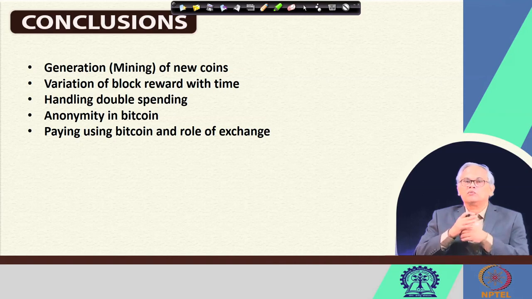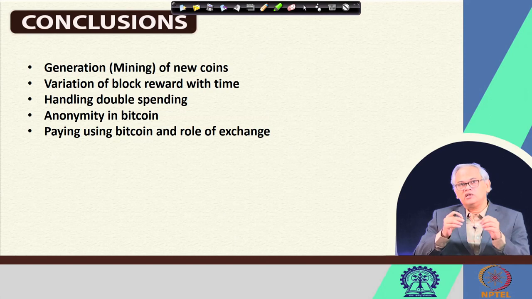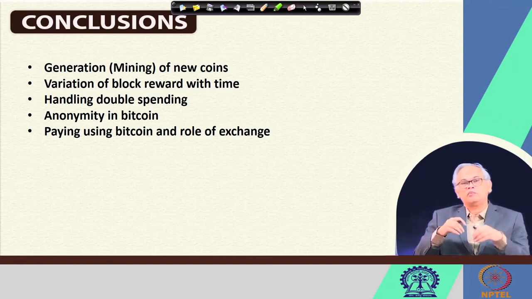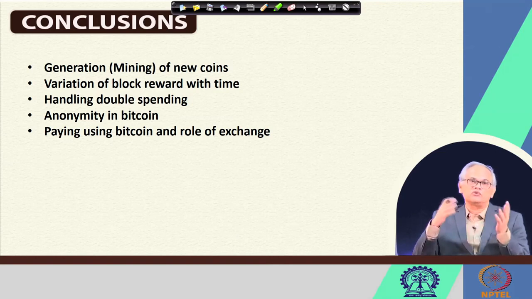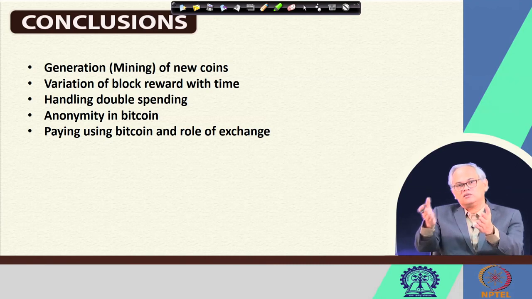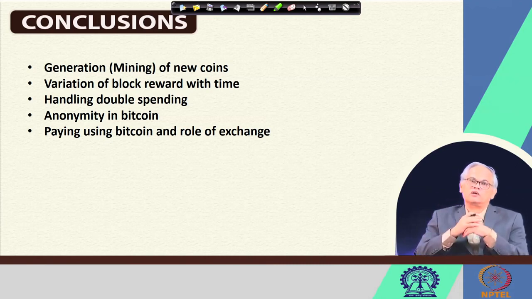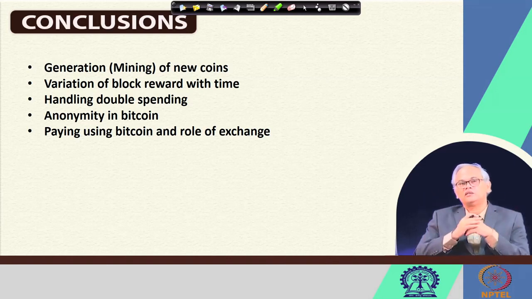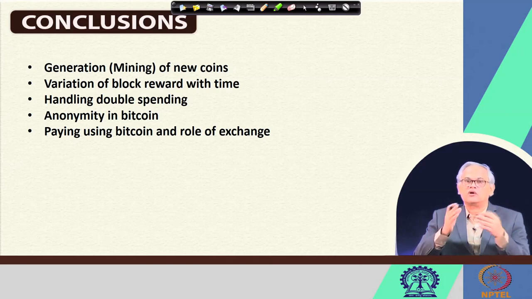And we have also talked about how double spending is handled in the Bitcoin network, and anonymity in Bitcoin, as we said, through pay to public key hash. One can have multiple public key private key pairs, and the payments could be to different such public keys, which is very interesting. And of course, you will be able to pay using Bitcoin, as we have seen, for physical service or product purchases, depending on the laws that are valid in different countries, including our country.